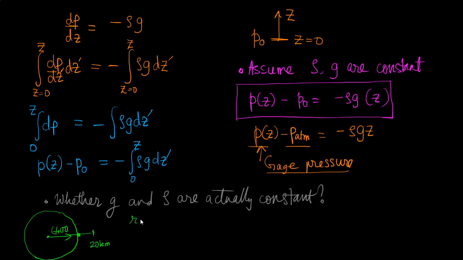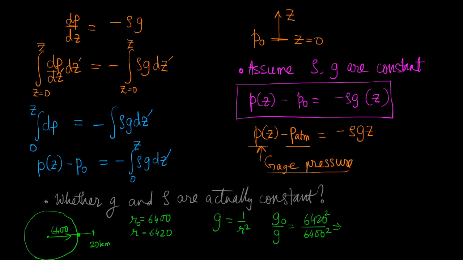So the radius has changed from 6,400 to 6,420, and gravity, we know it varies as 1 upon r square. So if I call the gravity at the surface of the earth g naught, then g naught upon g is equal to 6420 square divided by 6,400 square, and this is actually a very small number.